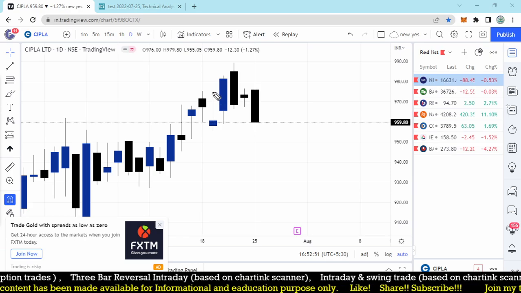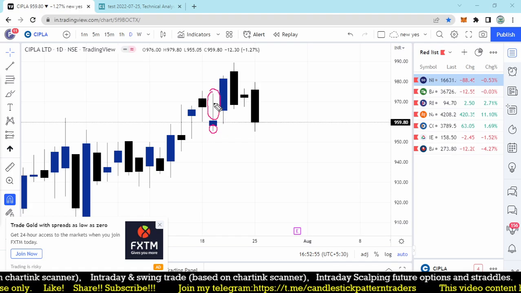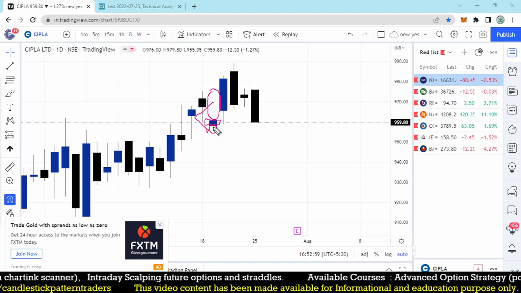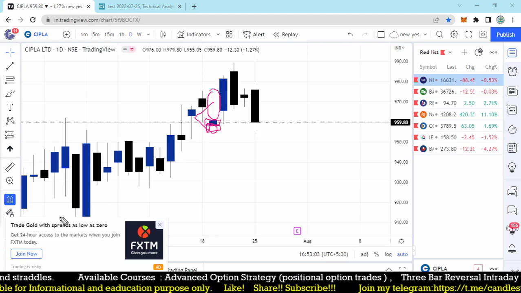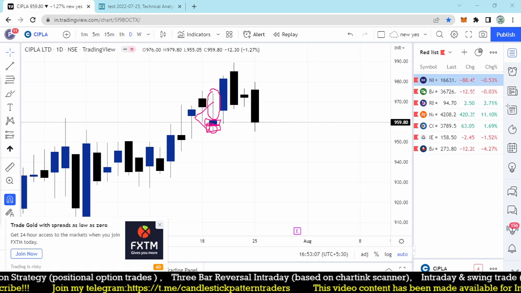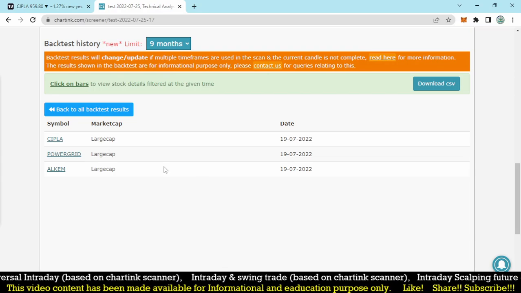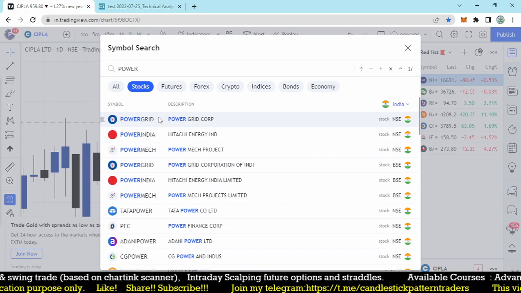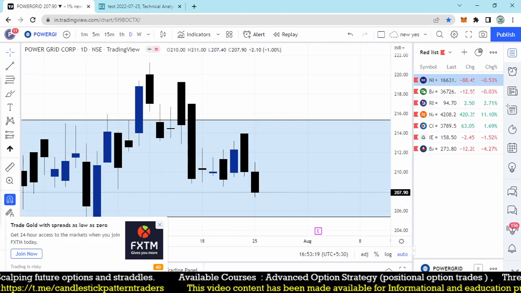So the higher wick is where the price got rejected, and the lower wick is 4 times less than the higher wick, and the body of the candle is equal to or less than the lower wick. So here we are not deciding whether it is a red or green candle. The only conditions mentioned here are the higher wick, the lower wick and the body. And Power Grid, that is 19 July, that is also okay.